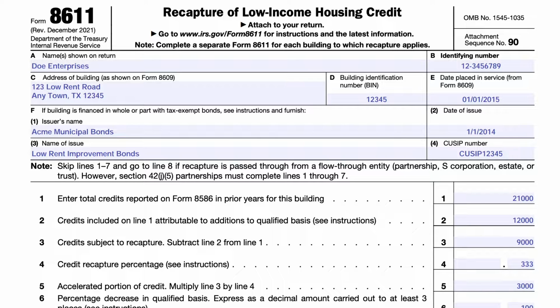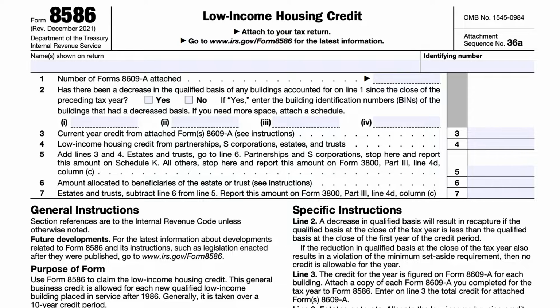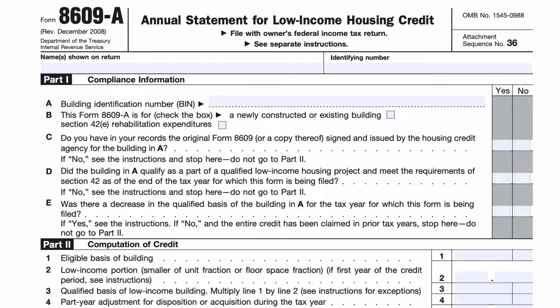Typically, for the low-income housing credit, you'll initially file on IRS Form 8586, and you will attach an annual statement on IRS Form 8609-A. So for as long as you're continuously reporting this credit, you can continue to take that credit in each year that you own the building.